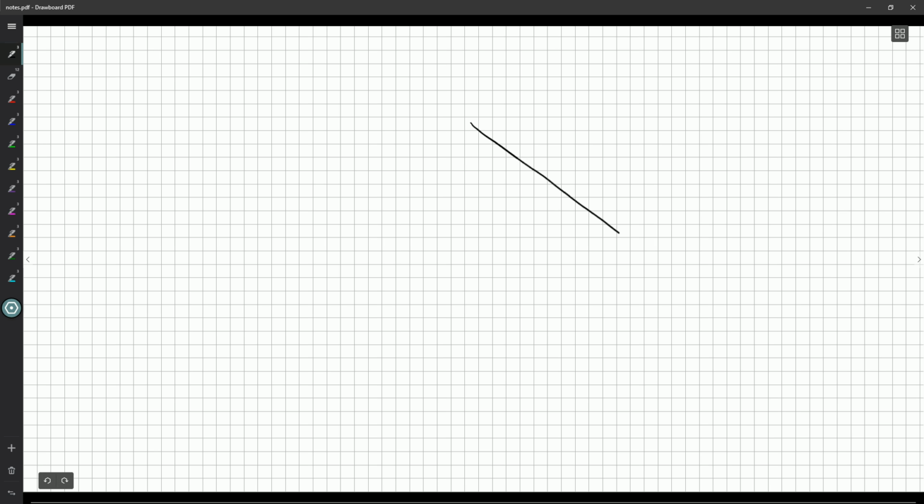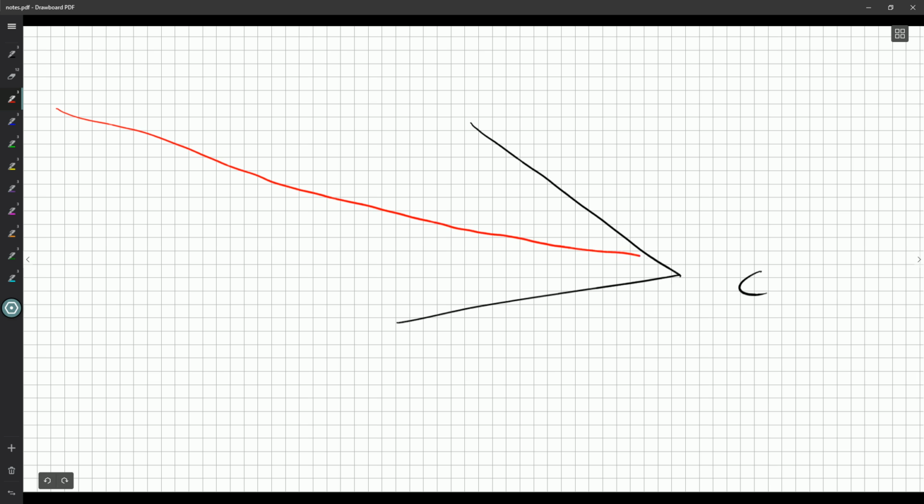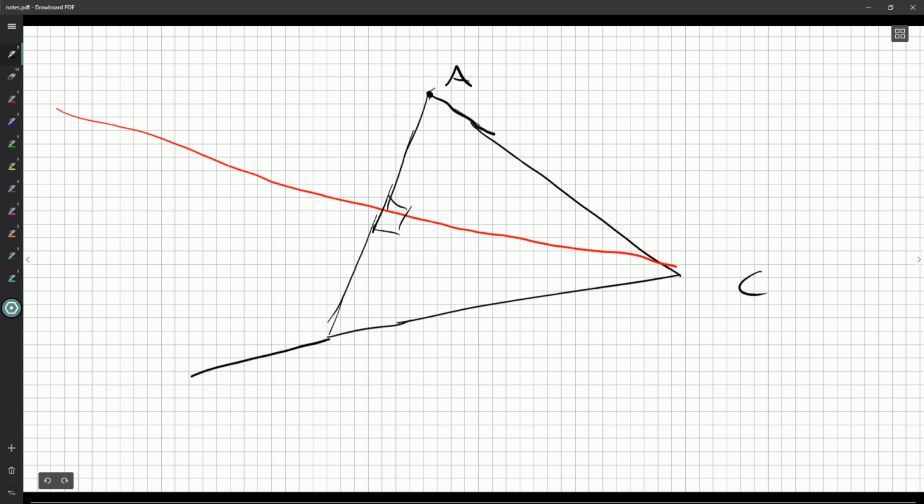I'm going to start by making my angle C, because that's the thing I need to split, and its bisector looks a little something like that. If I place A here, then this is perpendicular to the bisector, so this will be D, and we just double this to get B. All right, so that's a more realistic looking triangle.